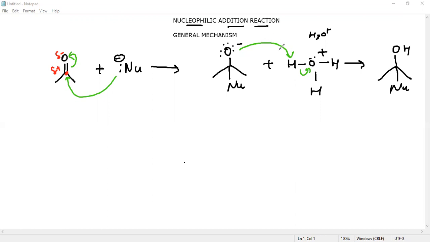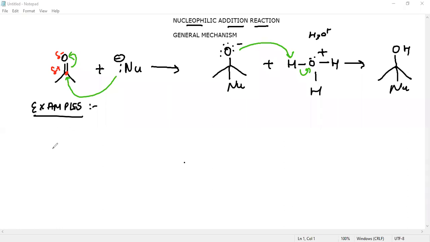So this oxygen will see this slightly positive hydrogen and immediately grab it towards itself, forming OH over here. And this is what we have. So from ketone we get the alcohol, with the nucleophile added to this molecule. Now let's see some more examples.